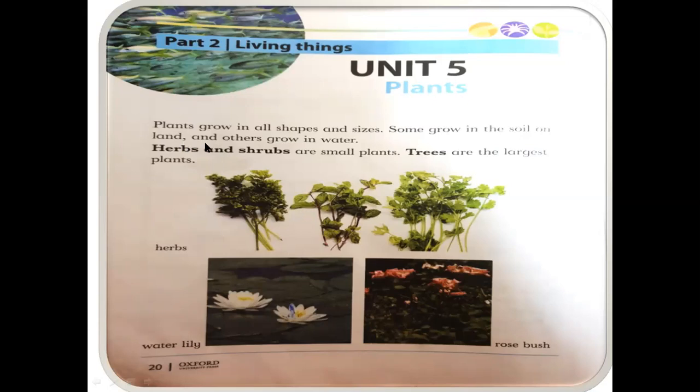So what does the first sentence say? Plants grow in all shapes and sizes. Different plants grow in different sizes and shapes. Some are small, some are big, and some are medium.